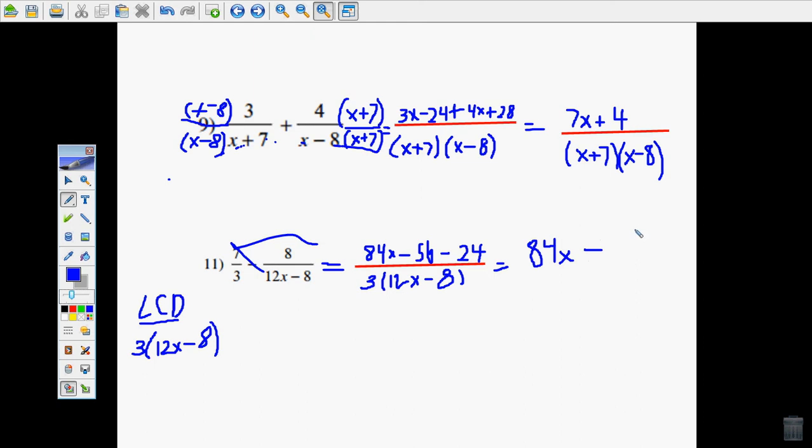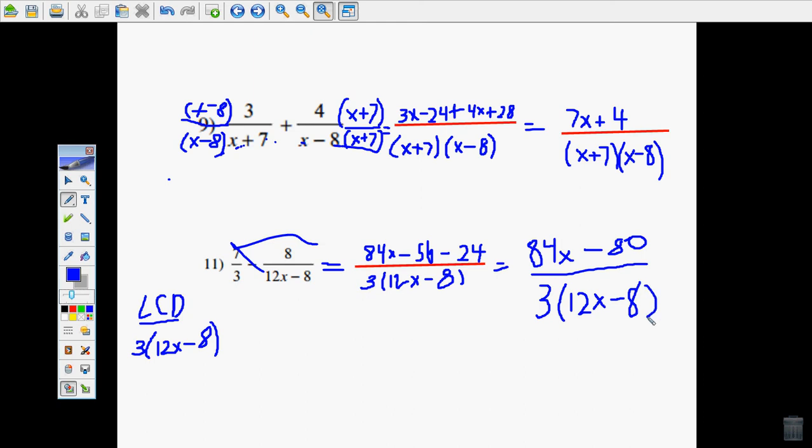And then your denominator, which we've already figured out, same denominator of 3 times 12x minus 8. Now we can factor that numerator, but again, for sake of time, we'll just leave it in this form right here. That one has some bigger numbers, and we could do some more work on it, but I just want you to get the hang of it at this point.